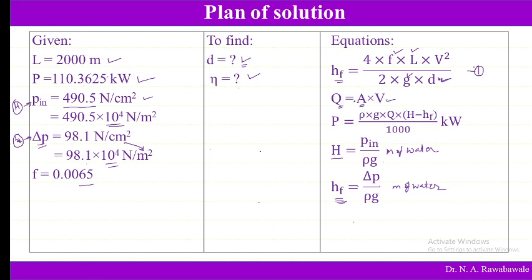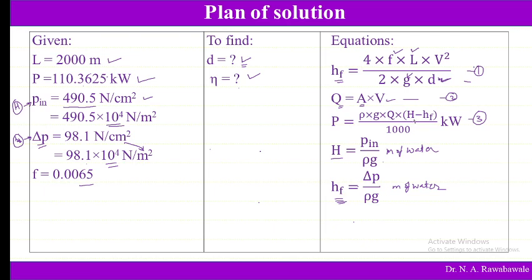So here what we get is HF and velocity in terms of diameter from the first equation, and in the second equation Q in terms of velocity. Then this is the third equation. So when we come to this third equation, there we can substitute this rho g Q in terms of diameter, H minus HF.